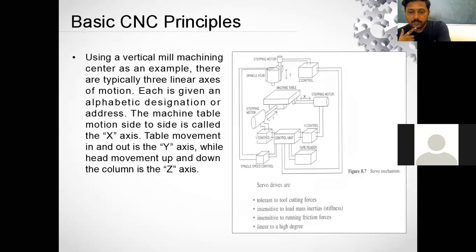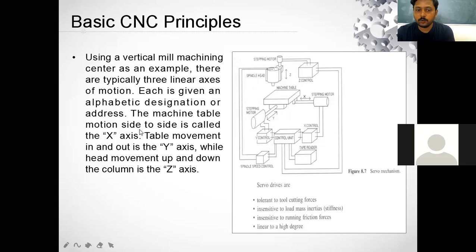Now, CNC principle. How does a CNC machine work? We have seen a vertical milling machine in the previous slide example. Using a vertical mill machine center as an example, there are typically three linear axes of motion. Each is given an alphabetic designation or address.